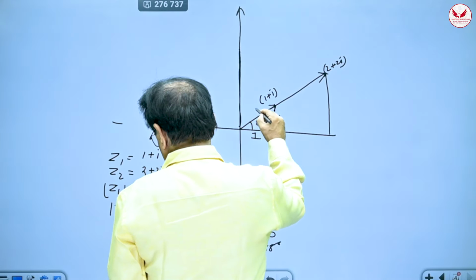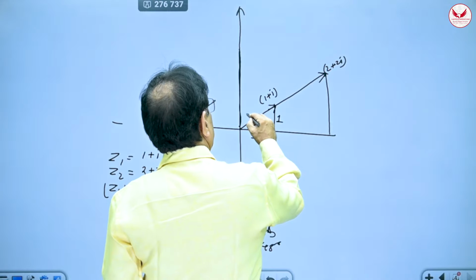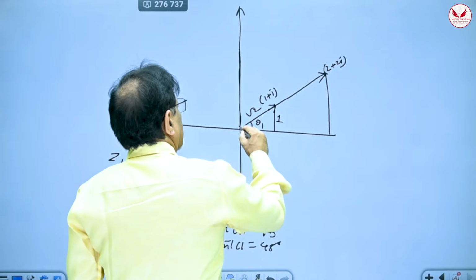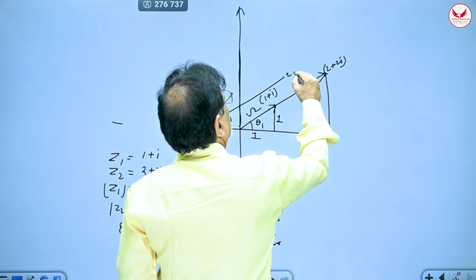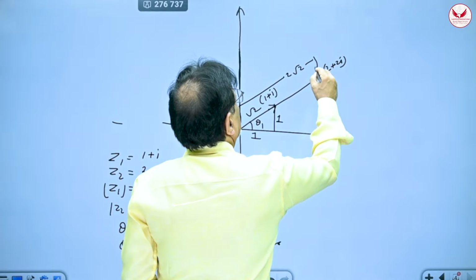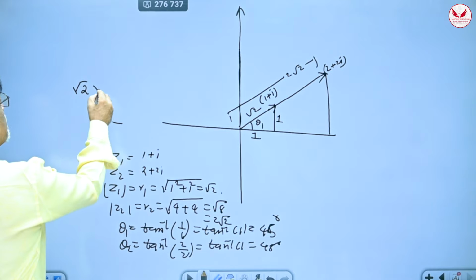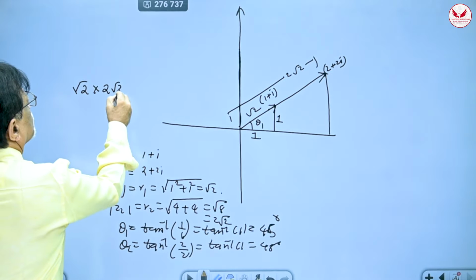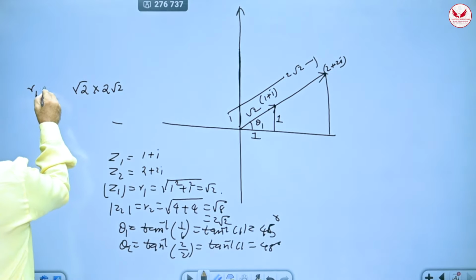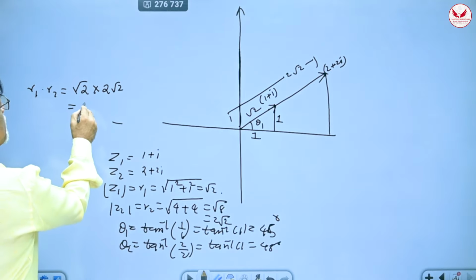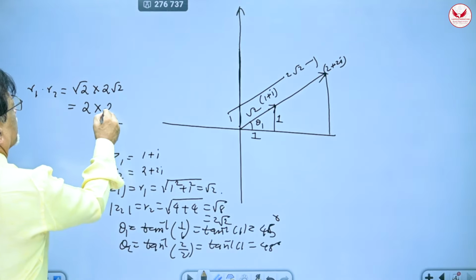Now this length is root 2, and this length is 2 root 2, correct? So the product will have length root 2 multiplied by 2 root 2. Why? Because that is R1 into R2. So that will be 2 multiplied by 2.